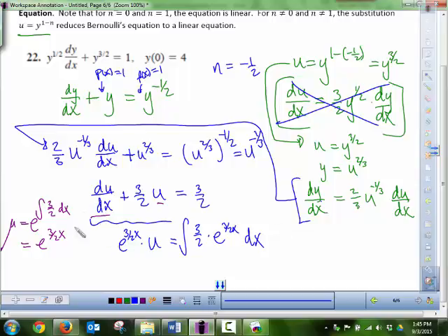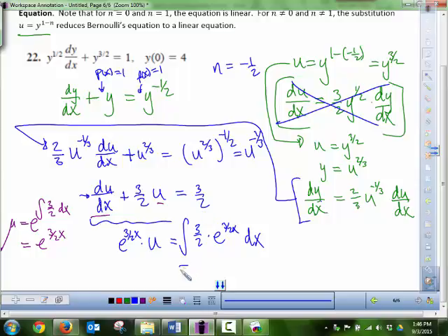I multiplied this differential equation by the integrating factor, and then I noticed that the left-hand side was a product rule. So I packaged it together as a product rule, and this also got multiplied by the integrating factor. Then I integrated both sides, so I undid the product rule, and so I just have the product on the left side. And now I have the integral of the right side with the integrating factor.